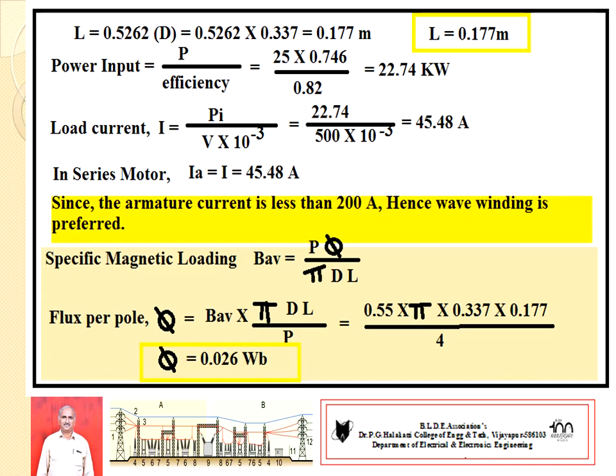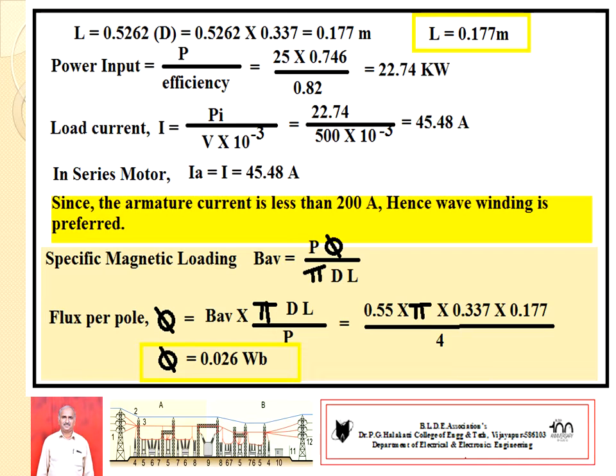So power input equal to V into I into 10 to the power of minus 3, in case of motor. After determining the power input, this power input is also equal to supply voltage, supply current into 10 to the power minus 3. So this I may be determined 45.48 ampere.